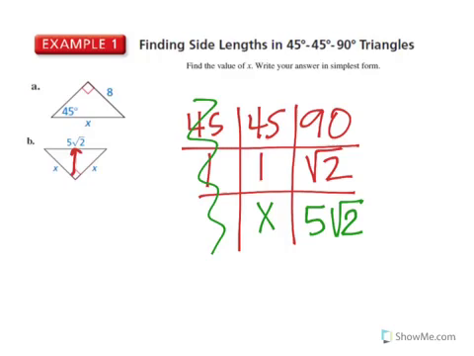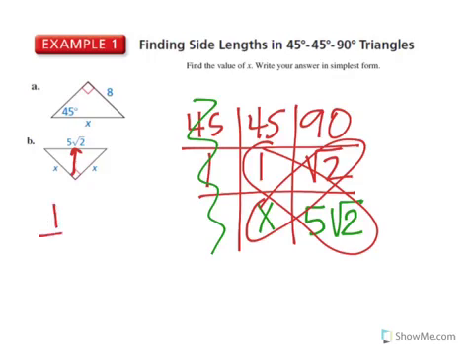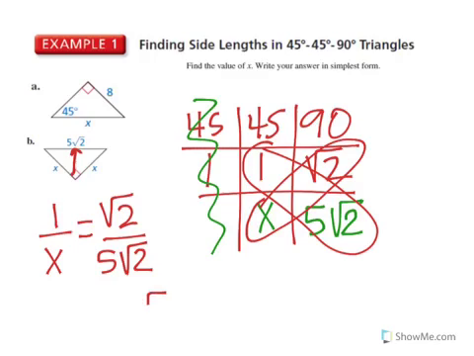And we're going to just cross multiply just like we did in our last chapter. So what we'll have is 1 over x equals square root of 2 over 5 square roots of 2. When we cross multiply, we get 1 times 5 square roots of 2, which is 5 square roots of 2, equals x times the square root of 2.